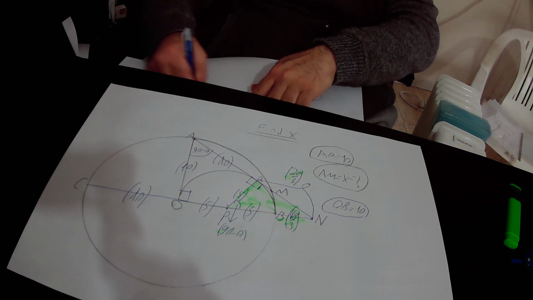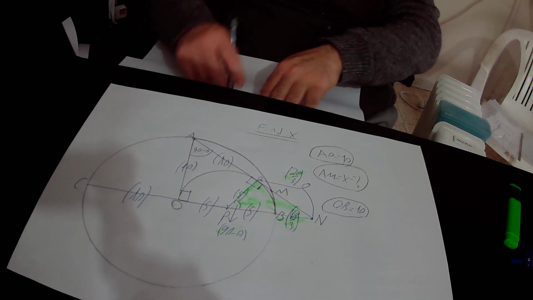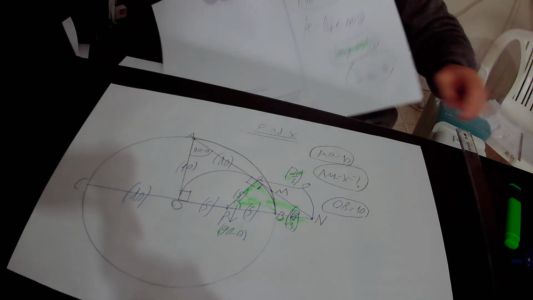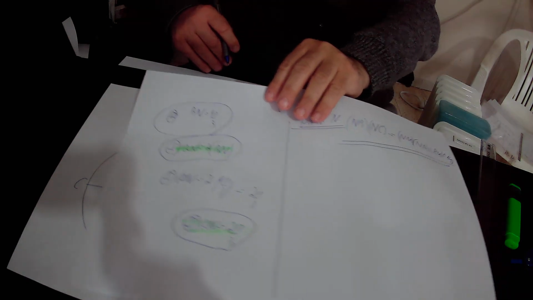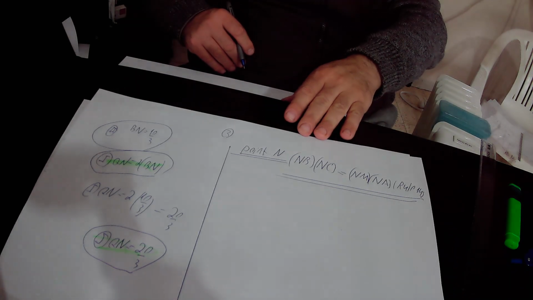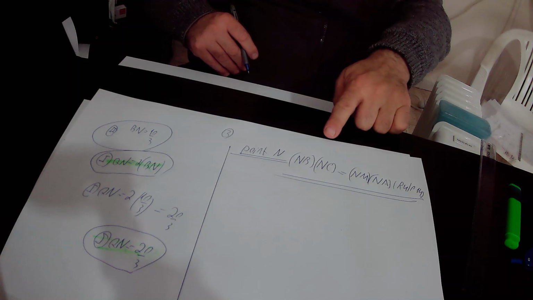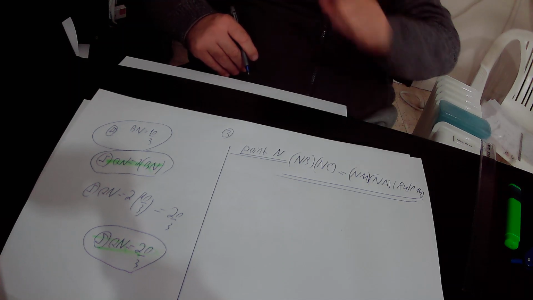Repeat again: according to rule number 14, if you focus on the common external point N, NB times NC equals NM times NA.